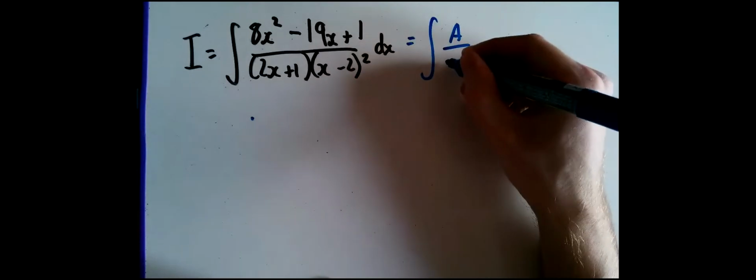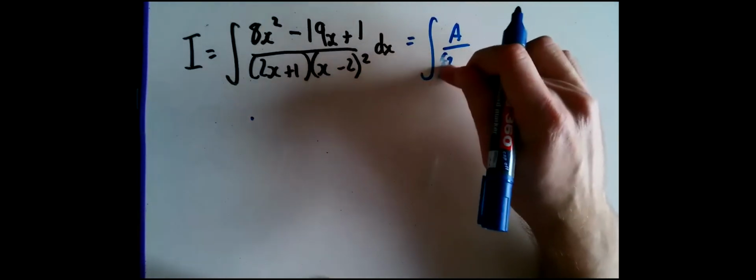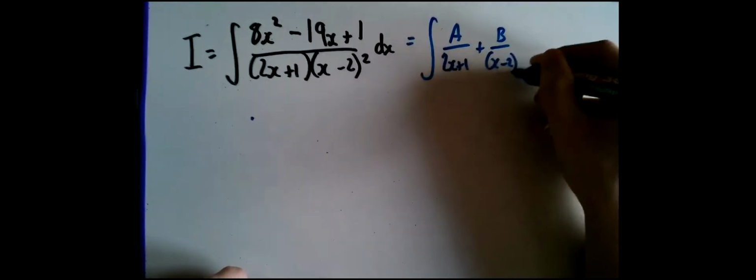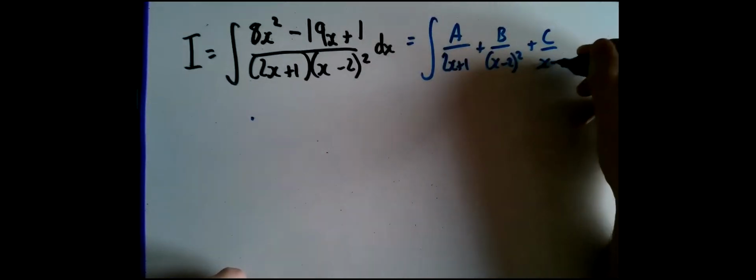So I would write this as something over 2x add 1 plus something over x minus 2 squared, but I also need an x minus 2.